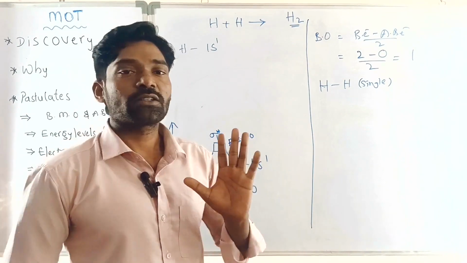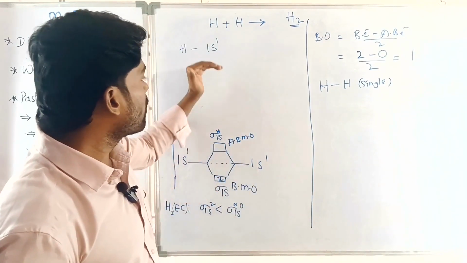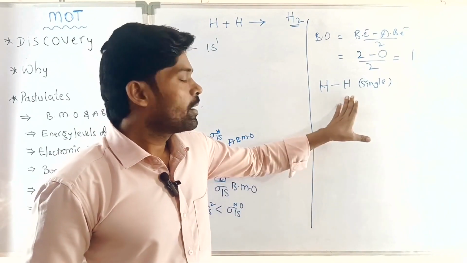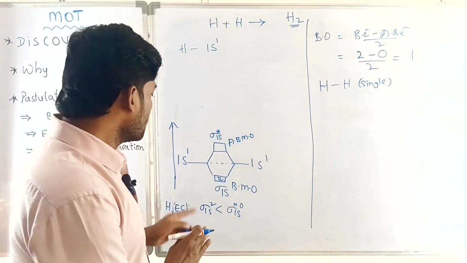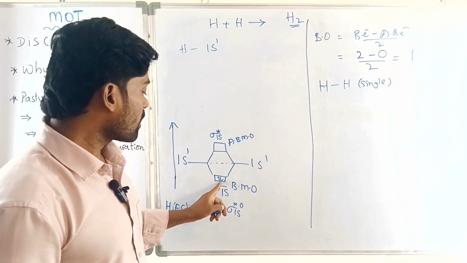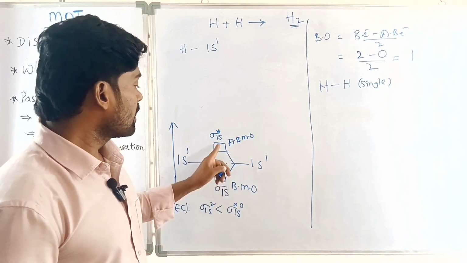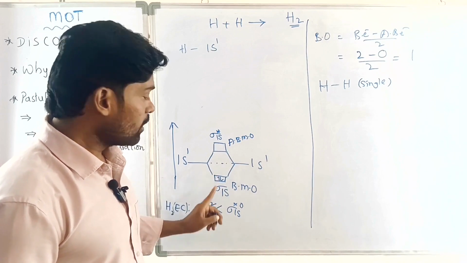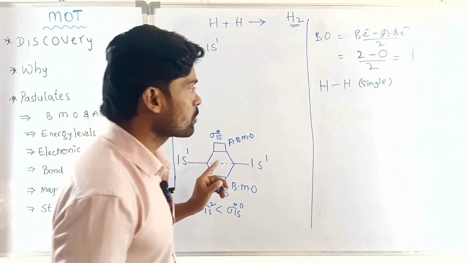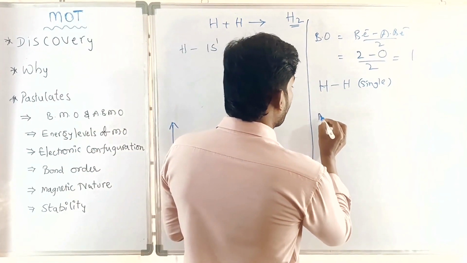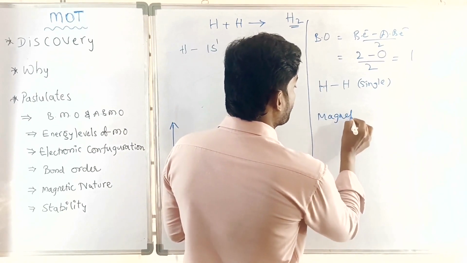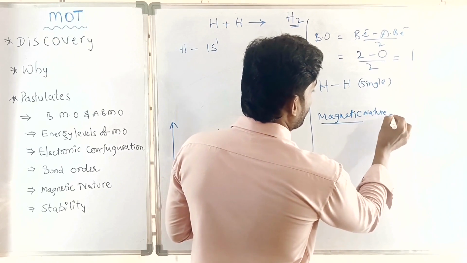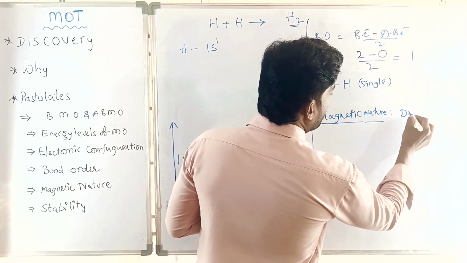If unpaired electrons are there in any molecular orbitals, then that molecule is called a paramagnetic molecule. In this case, only paired electrons are in sigma 1s, and there are no electrons in the anti-bonding molecular orbital. The 2 electrons are paired up, so this molecule is called a diamagnetic molecule.